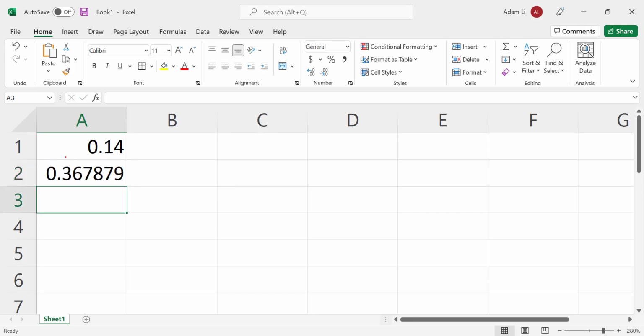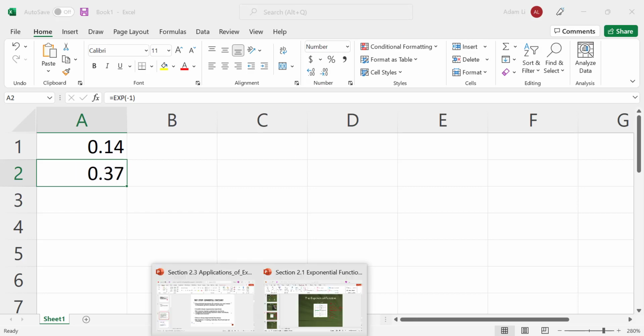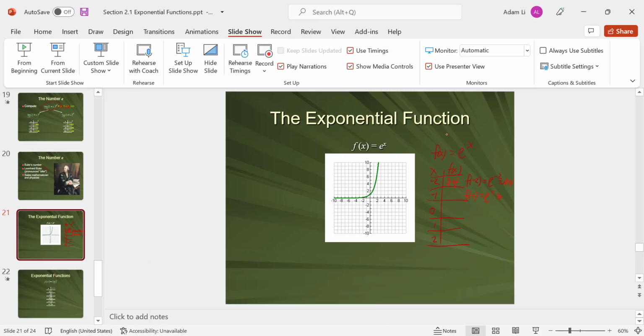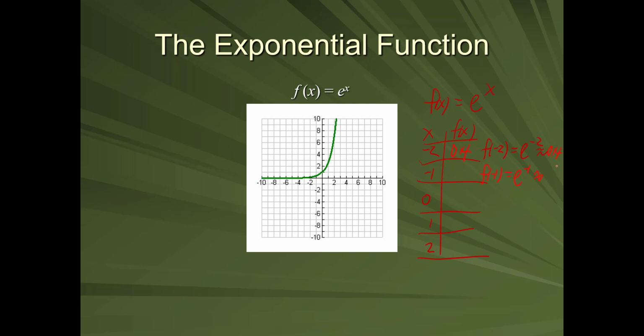And this turned out to be 0.37 if you round it to 2 decimal places. Okay, 0.37. And then f of 0, that's e to the 0, which is 1. 0, 1. Again, it passes through 0, 1 because the base is greater than 1.